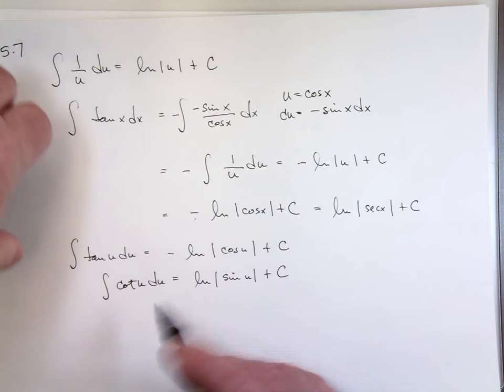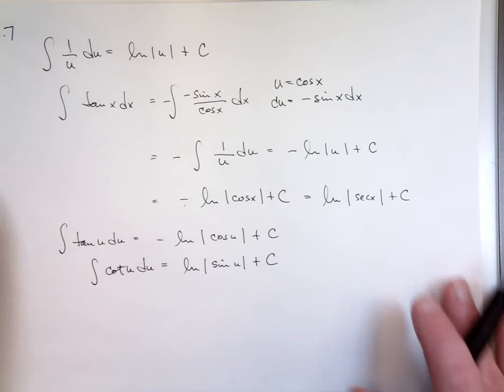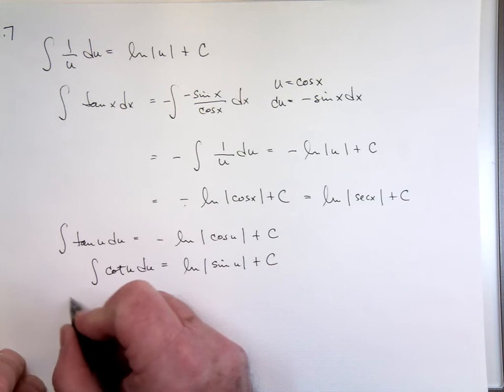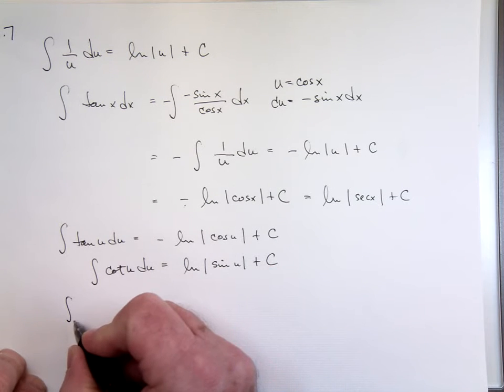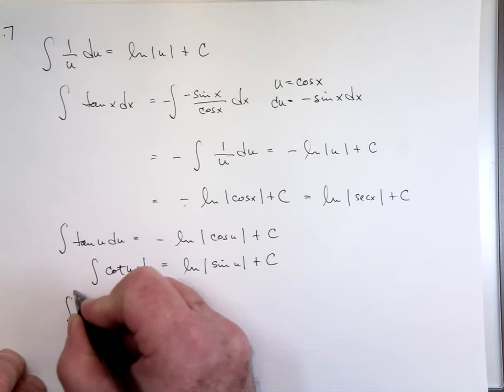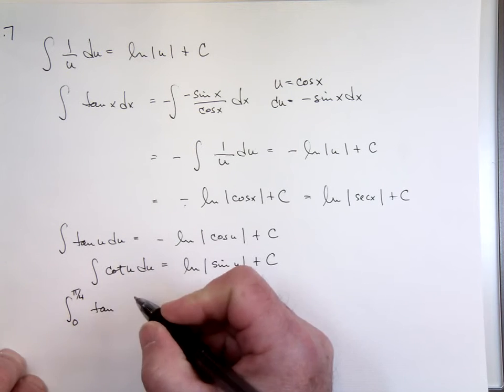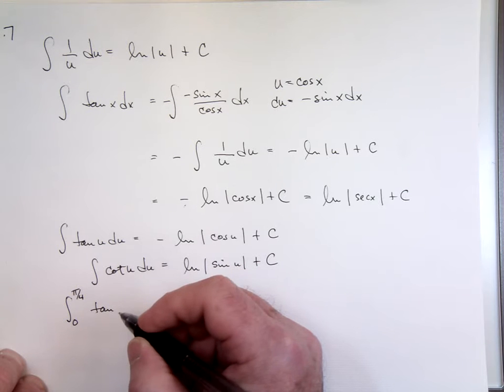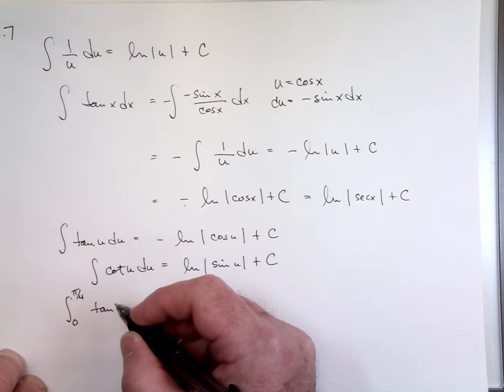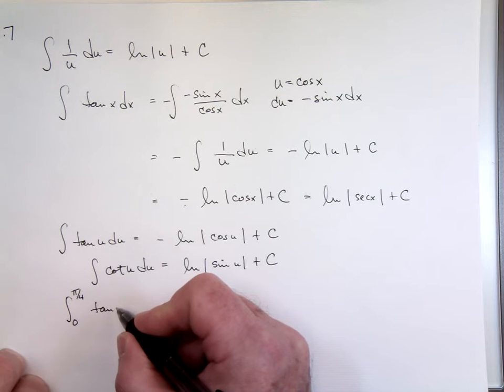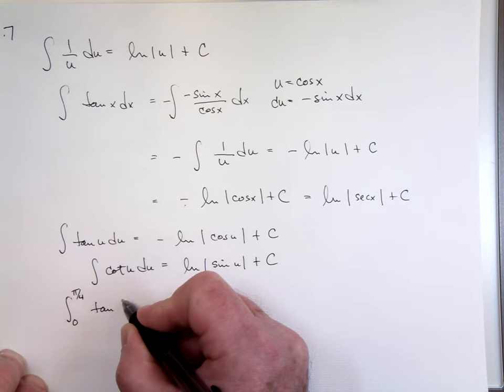All right. So if you had to do this integral, let's say from 0 to pi over 4, tangent of... yeah, we could do that. Okay. Let's not, though. Tangent of, how about x over 2?